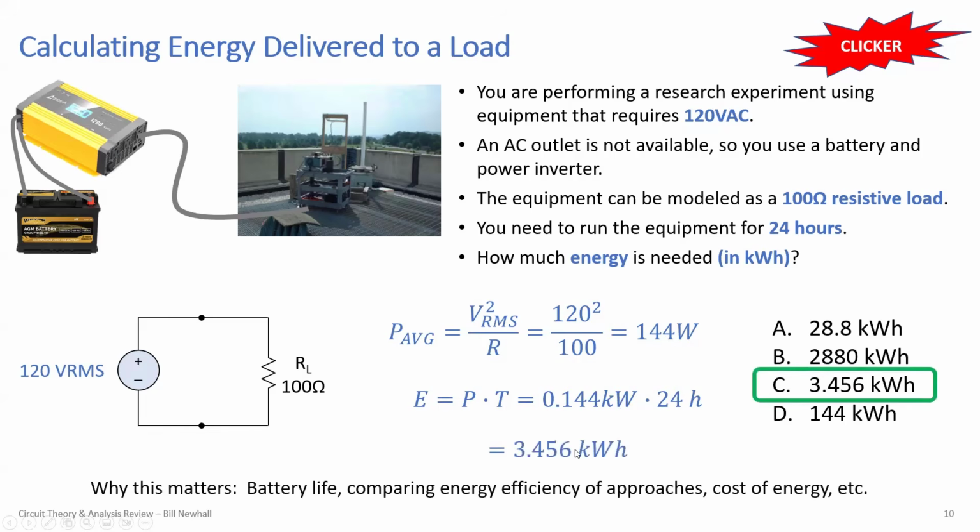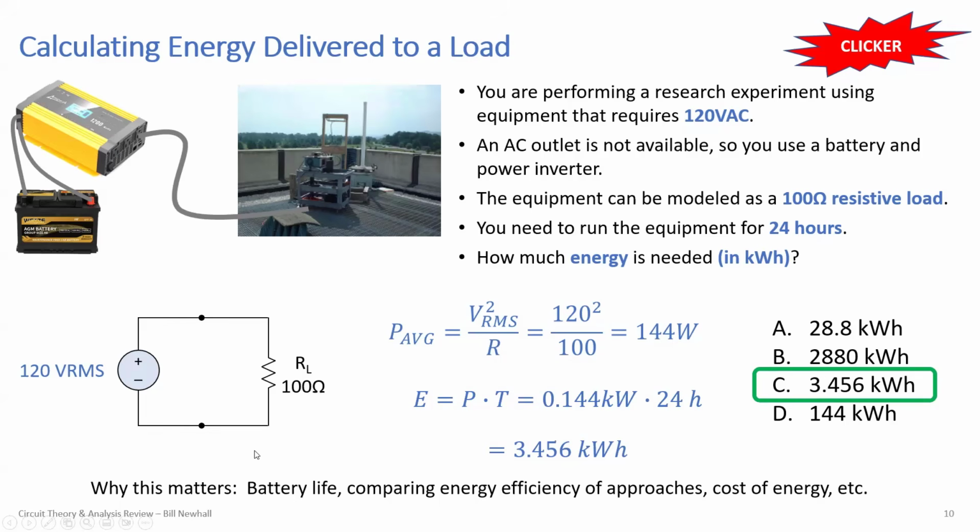And so 3.456 kilowatt hours. So if you ran this system for 24 hours plugged into your wall and you lived somewhere around here where power is 9 or 10 cents, let's say 10 cents per kilowatt hour, this would cost you 34 cents to operate for, oh, wait, that would be 10 hours. No, that's right. 10 cents per kilowatt hour, 34 cents to operate this for 24 hours.